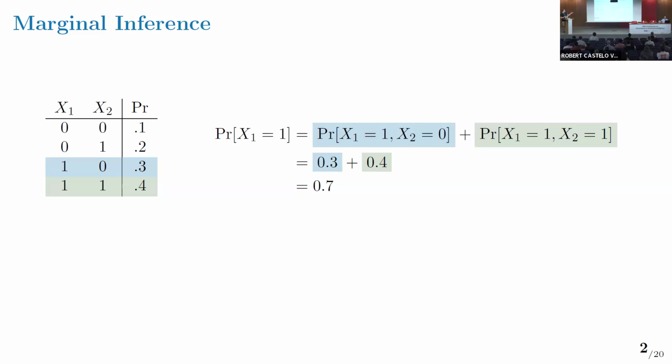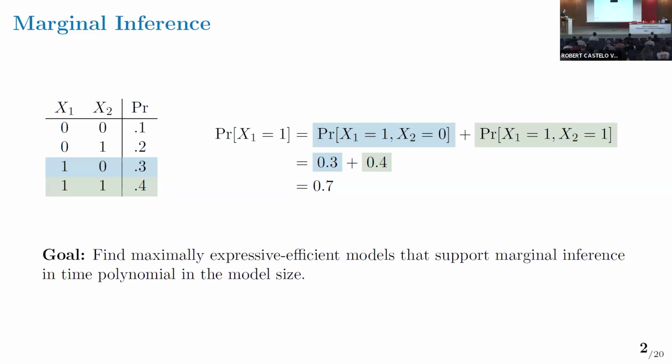So just for the two variable distribution, if you want to know the probability that x1 is 1, you have to sum over the variable x2. So it could be either 0 or 1. You have to sum the probability of these two worlds. And that sum can be over exponentially many terms in general. So this is hard. But when you have special structure in the distribution, this becomes tractable. So our goal is to find maximally expressive efficient models that still support marginal inference in time polynomial in the model size.